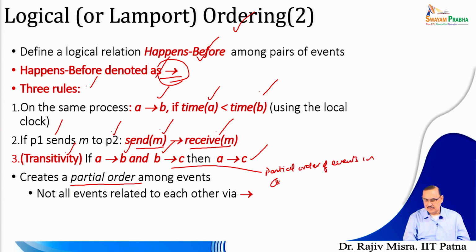In distributed system. This means that not all events are related via this happened before relation. So, we are going to see about the Lamport's ordering.